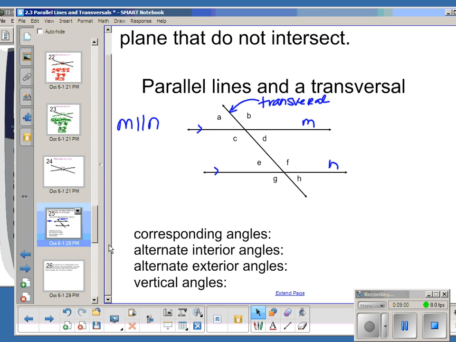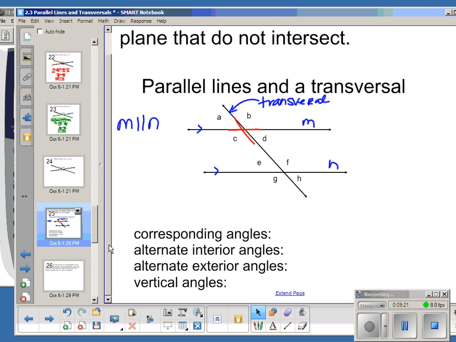We get corresponding angles, alternate interior angles, alternate exterior, and vertical. So when I look at this picture, I'm going to first go through corresponding. Think about what corresponding means. Up here I have four angles.